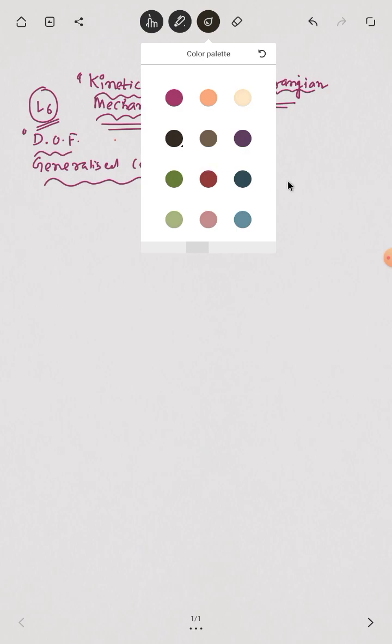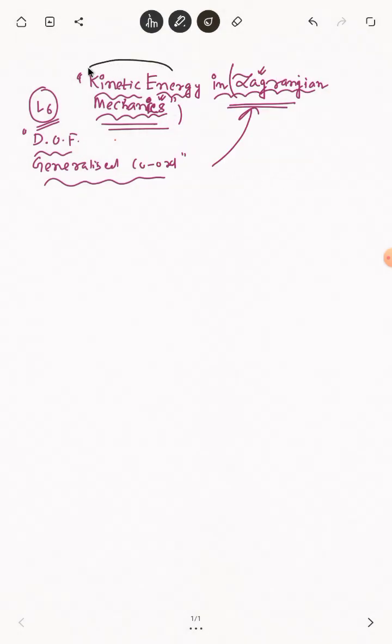One of those terms will be kinetic energy. What is it? If we ask anyone about it, the answer comes as half into m into velocity square, or in famous term half mv square.